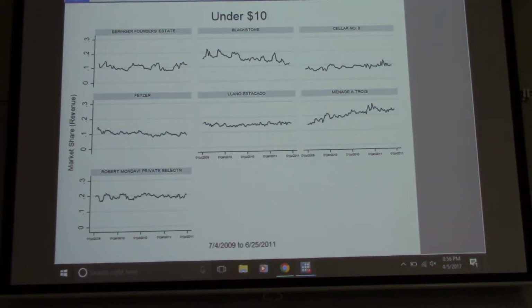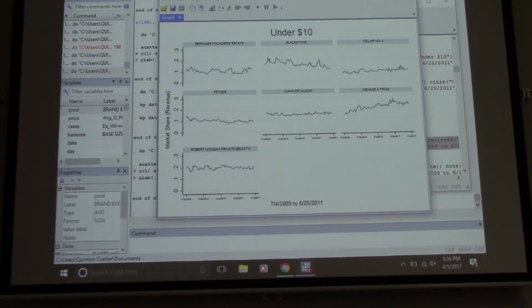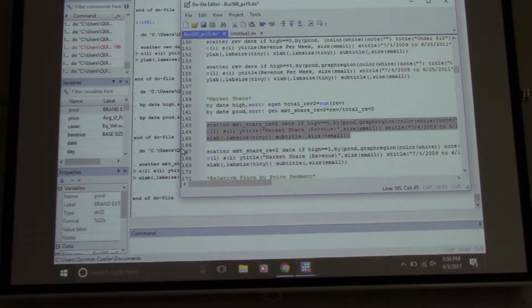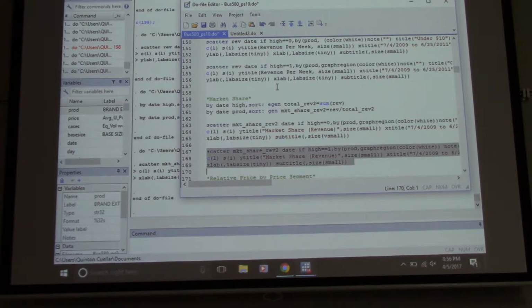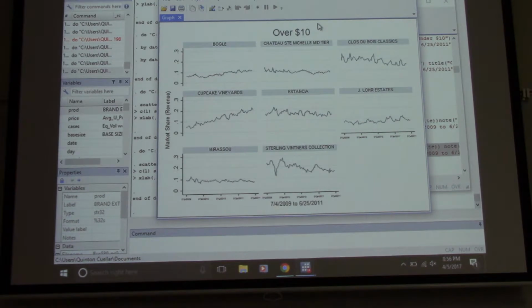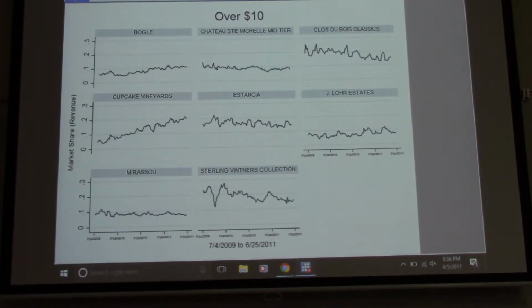$10. Menage a Trois doing well. Outside of that, I think separating those into price categories really changes things a bit. This is for over $10.